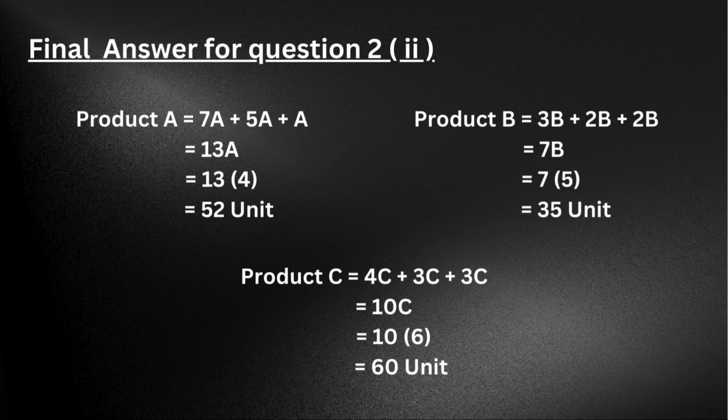Next, 7 times 5, and product B is 35 units. Product C equal 4C plus 3C plus 3C, and it is 10C, and 10 times 6, and product C is 60 units.